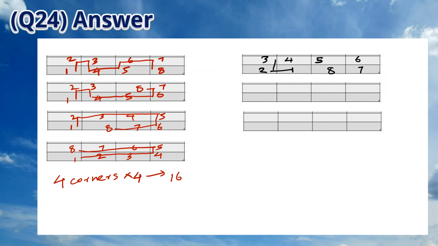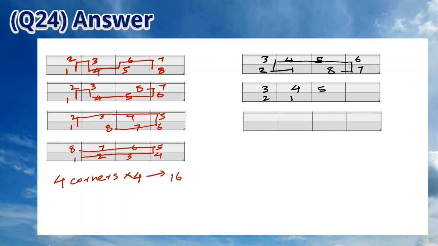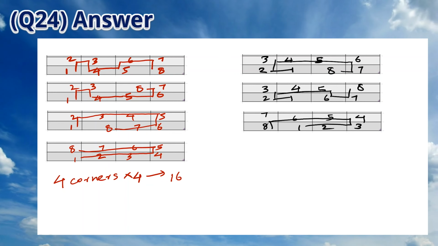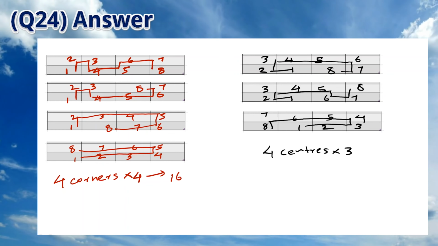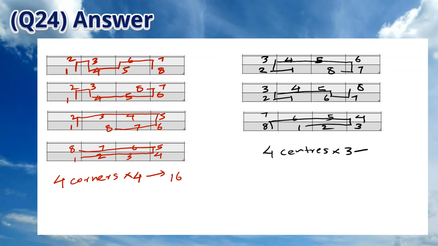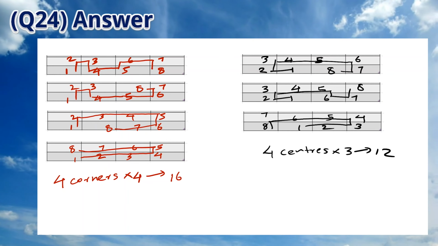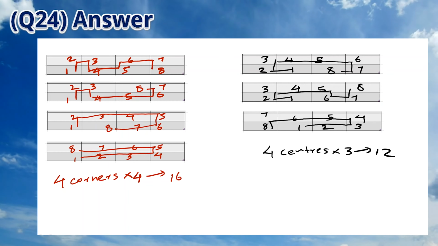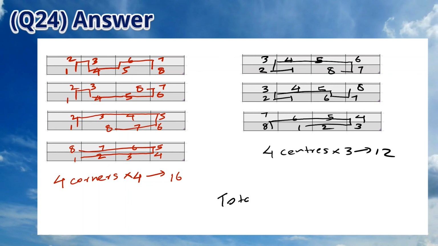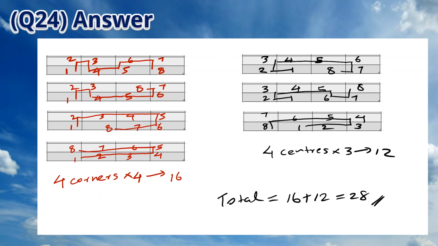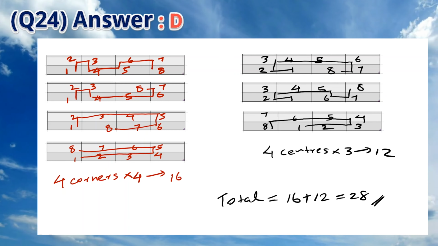Now, if 1 was in the center, there's a total of 3 possibilities. Since there are 4 center grids, and for each center there are 3 possibilities, we have to multiply 4 by 3 to get 12. So the total number of combinations is 16 plus 12, which is 28. This means that the answer is D.